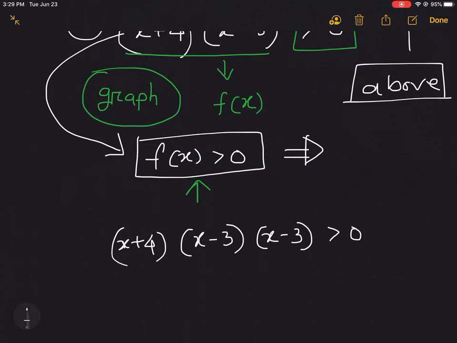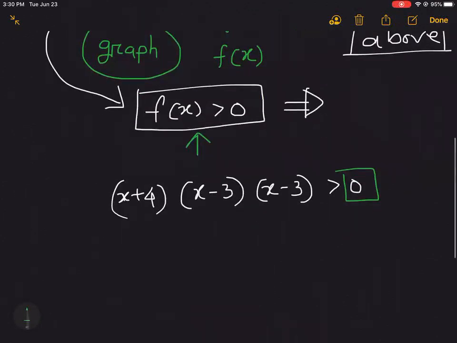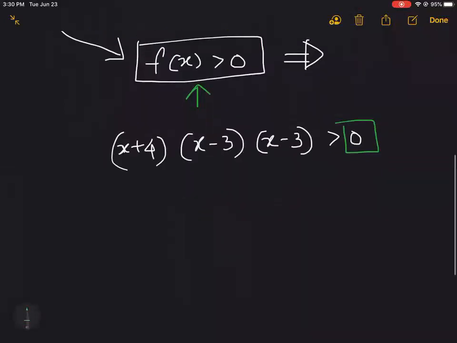Now, as I need this strictly greater than 0, or more than 0, that means two cases can happen. Okay. Now, what are the two cases? If you have two different terms as a product, let's say A and B, and it's strictly greater than 0, is it possible for either of these to have a negative sign?